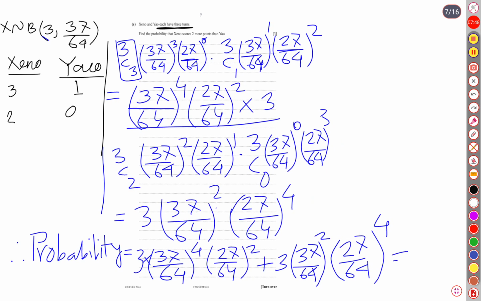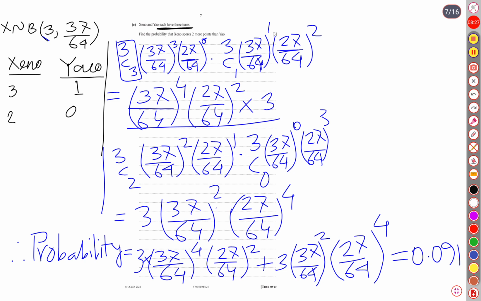It is going to be 3 into 37 over 64 raised to 4 into 27 over 64 raised to 2, plus 3 into 37 over 64 raised to 2 into 27 over 64 raised to 4, equal to 0.0914. I don't have space to complete the writing.